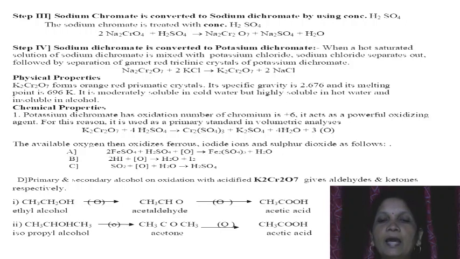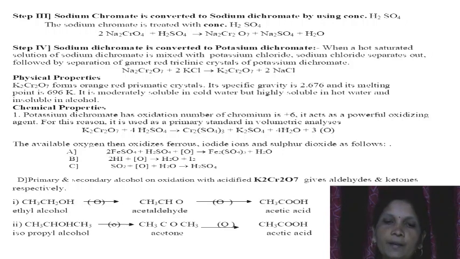K2Cr2O7 when acidified with H2SO4, K2Cr2O7 plus 4 H2SO4, the reaction happens to form Cr2(SO4)3 plus K2SO4 plus 4 H2O plus 3 nascent oxygens are liberated. Now this acidified K2Cr2O7 is used to oxidize FeSO4, HI and SO2 as follows.